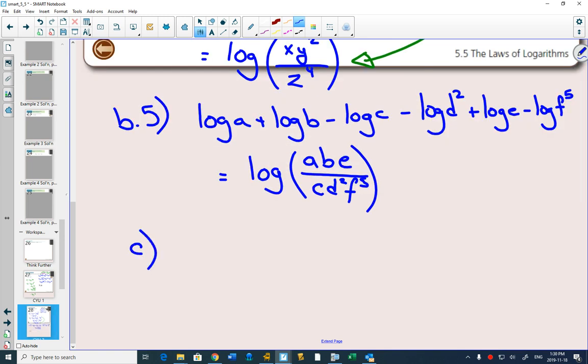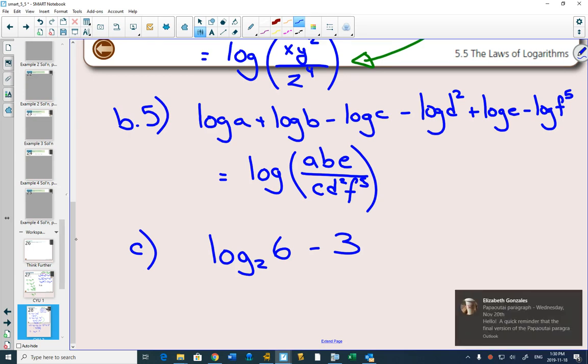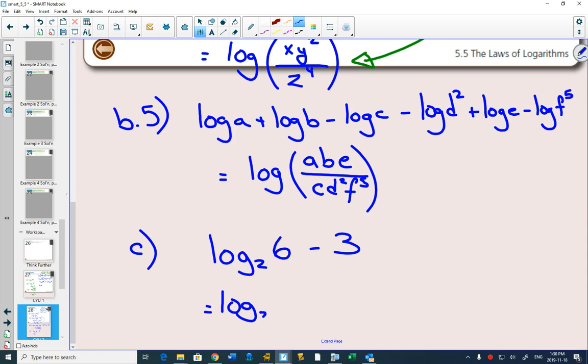Then part C is log base 2 of 6 minus 3. It's a single logarithm, but it has a minus 3. We want to write this as only one logarithm. In order to do that, well, the only way we could combine this is if it was a log minus a log.